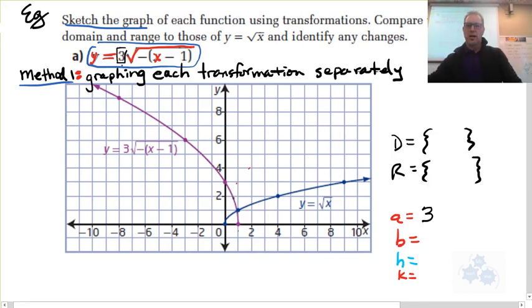Just to make sure you understand how to draw this y equals root x graph, guys, watch this. Remember, if x is 0, then the square root of 0 is 0, so that's why we have a point 0, 0. If x is 1, then the square root of 1 is 1. That's why we have this point over here. If x is 4, that's a perfect square. Root 4 becomes 2, so that's why we have a point 4, 2, right? I hope you're getting this.